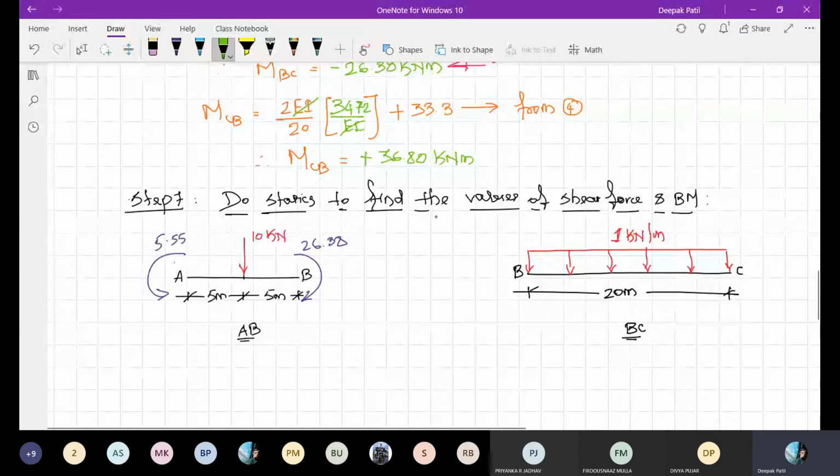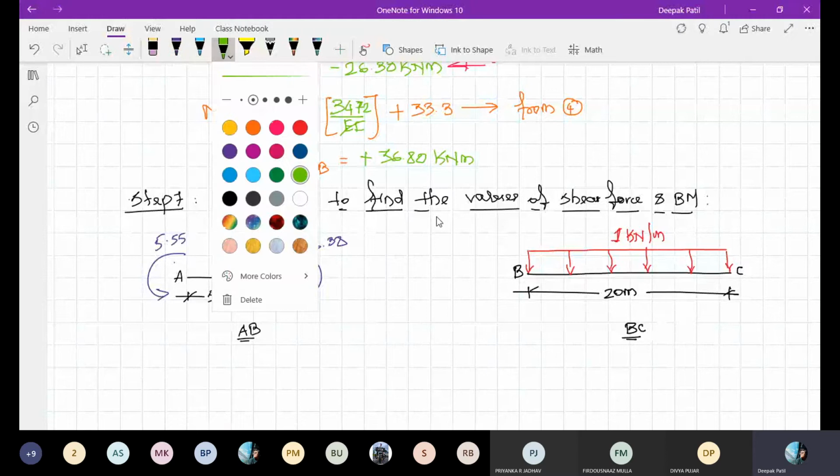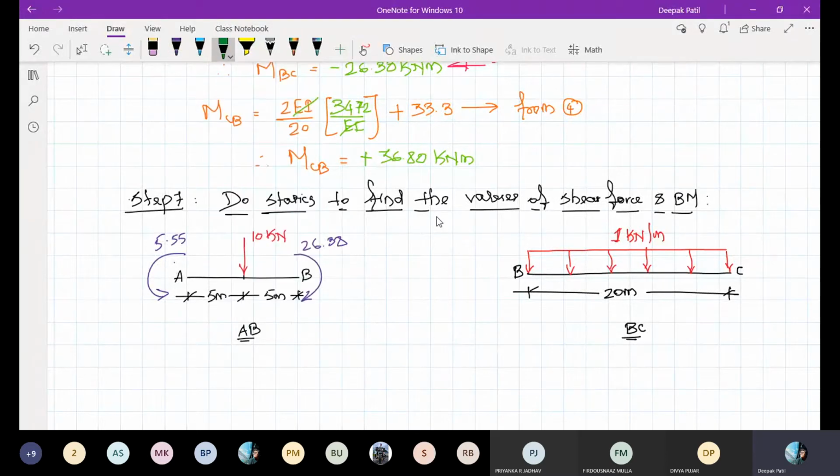Now I also have to find the shear forces here. Initially I will assume some shear force. At A, I will assume that the shear force VA is upwards. I don't know whether it will be upwards or downwards, let me assume first.